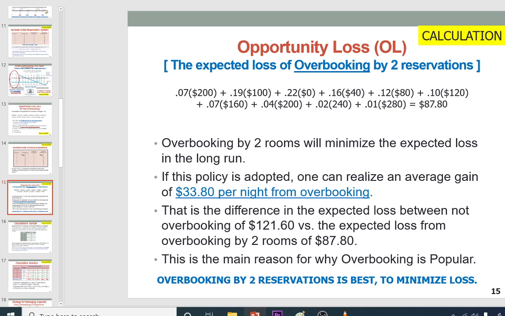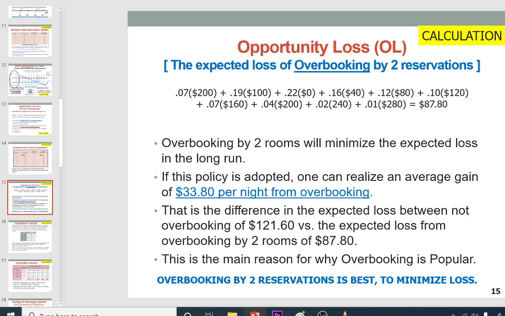Okay, so the overbooking by two rooms will minimize the expected loss in the long run if it is adopted as the standard policy for the hotel. In other words, if this policy is adopted, one can understand that an average gain of 33.80 per night from overbooking can be incurred.